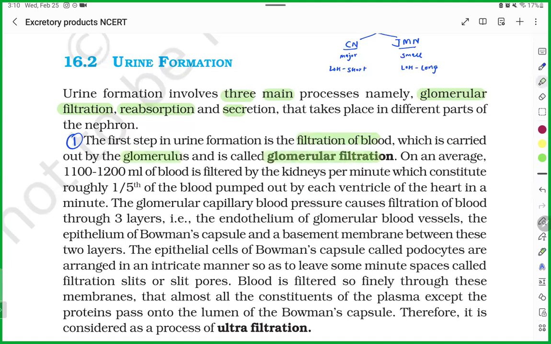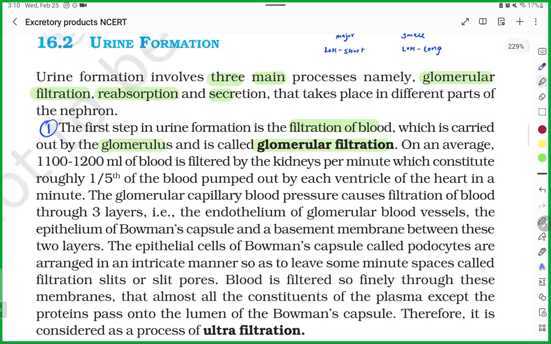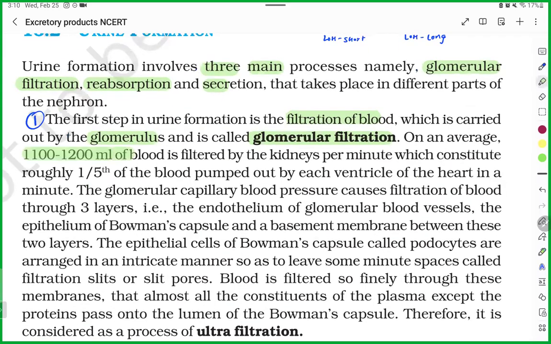That's why it is glomerular filtration. On an average, how much blood is filtered by the kidneys per minute? Remember, extremely important. Kidneys, not one kidney, both the kidneys. And trust me, you should get this question in your tests, in my opinion.